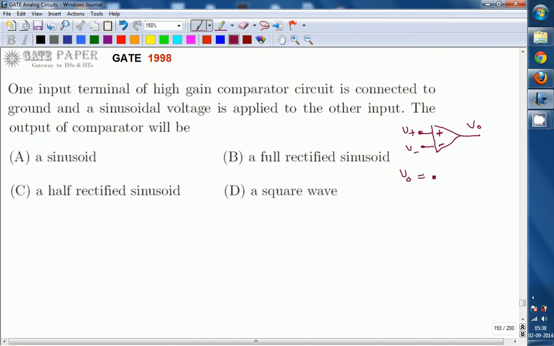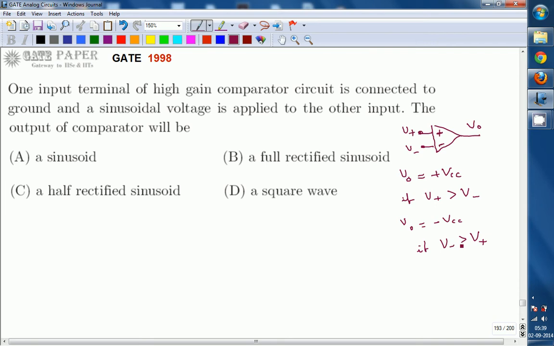V0 will be at plus VCC, the positive saturation value, if the voltage at the non-inverting terminal dominates over the voltage at the inverting terminal. Else V0 is going to be minus VCC if the voltage at the inverting terminal is more than the voltage at the non-inverting terminal. That is, whichever terminal is given the more positive voltage will dominate. Based on that, you get either plus VCC or minus VCC.